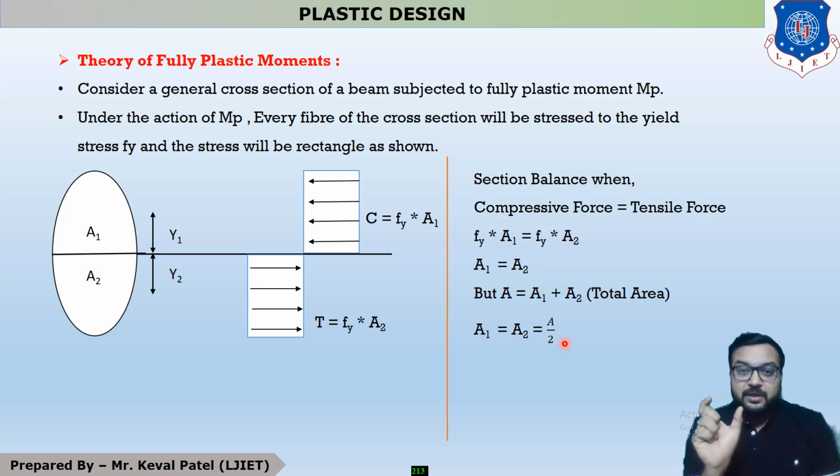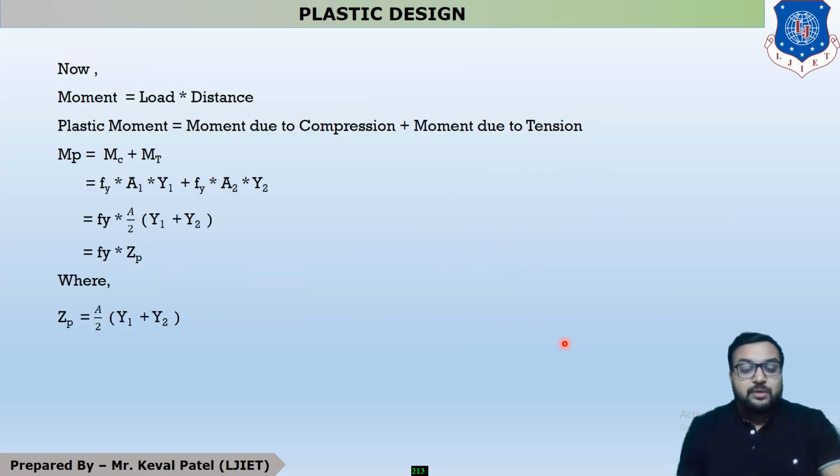The word is moment. And you all know that moment is equal to force into perpendicular distance. Okay. So now your moment is equal to load into perpendicular distance. So your total plastic moment of this parabolic portion is moment due to compression portion plus moment due to tensile portion.